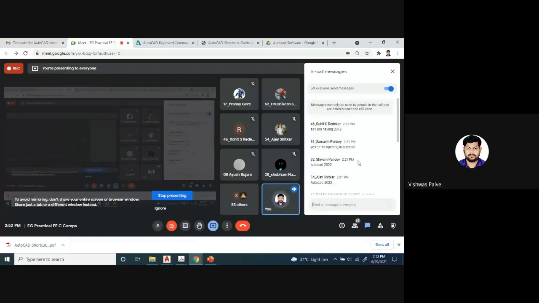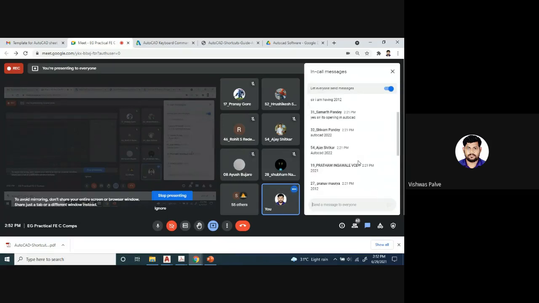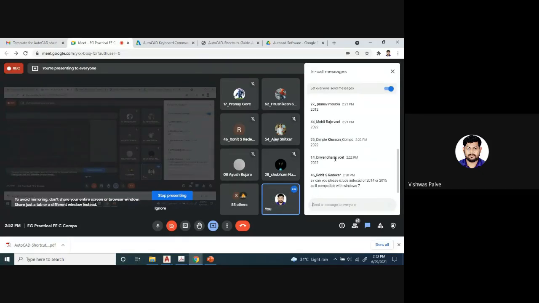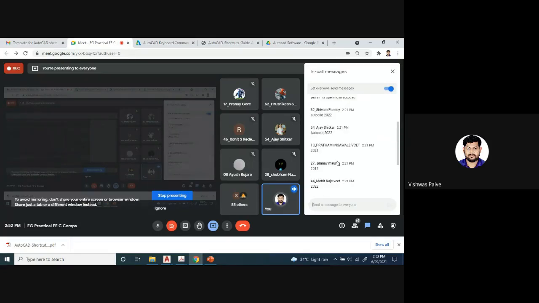You can use whatever AutoCAD you want, 2000 to 2022. I will upload the files I have and post it here. If anyone has AutoCAD 12, you can share the file.